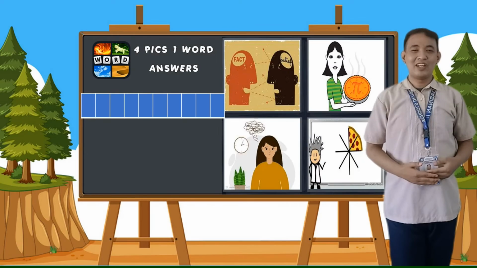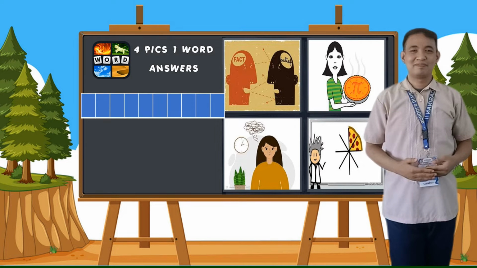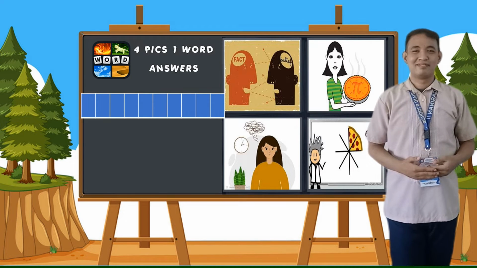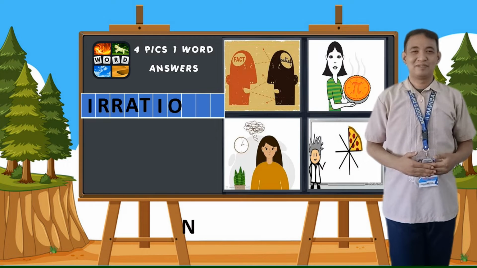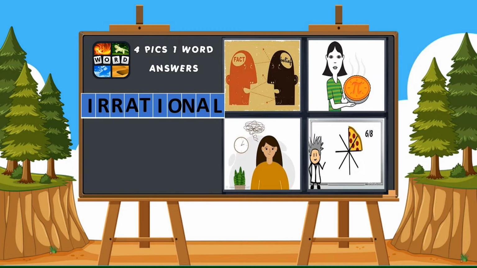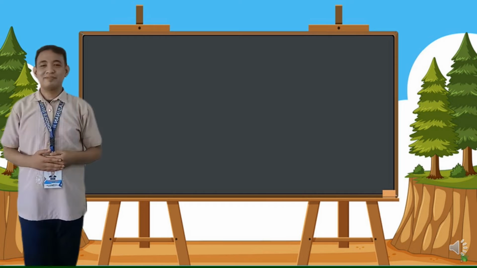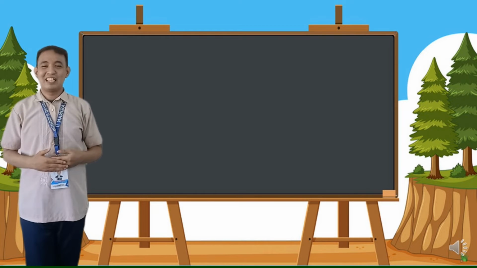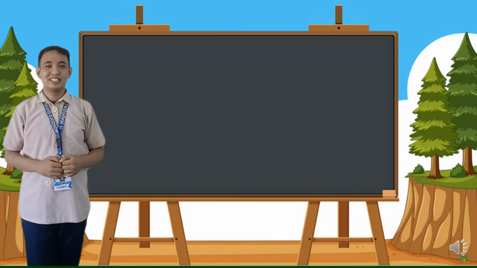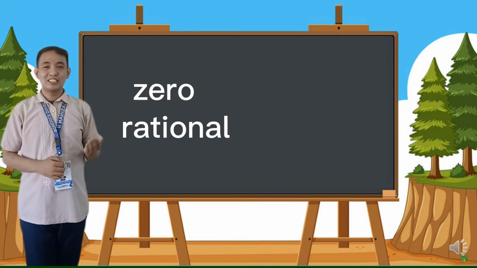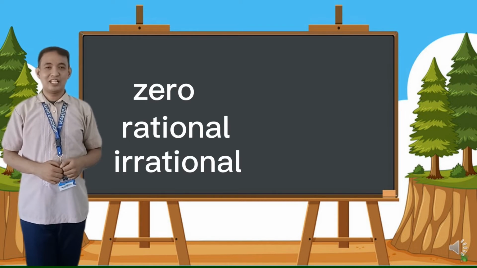And for the final round, what is your guess? Excellent! It is irrational. Very good, math lovers! You've got all the words described in the pictures presented. We identified the words 0, rational, and irrational.